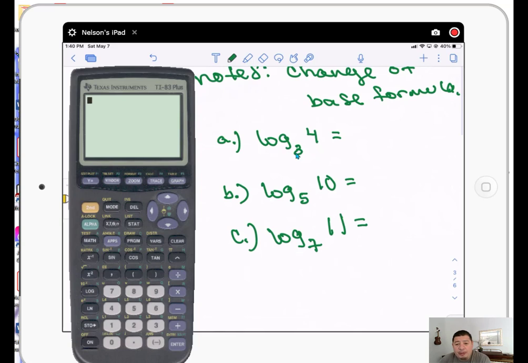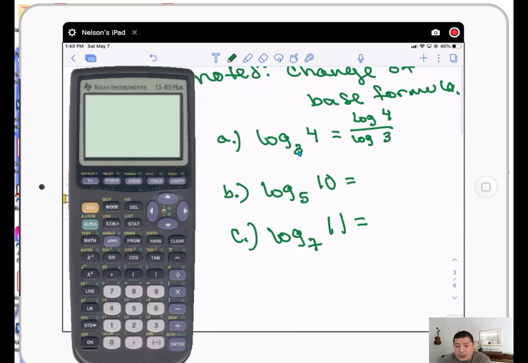So the change of base formula, and this is the part that's crucial. This is what I need you guys to remember: you're going to do log of the big number over the log of this number here, of 3.